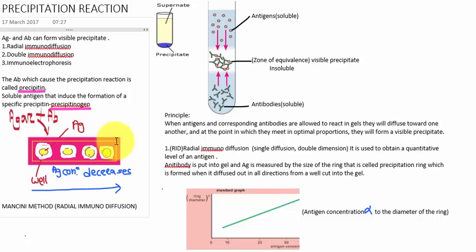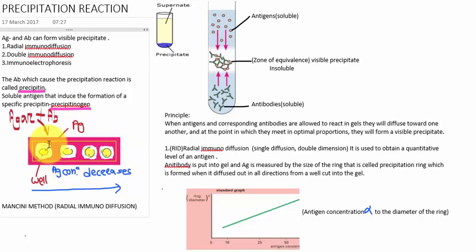This is the plate, or you can say this is the slide. You pour the agar media, so that becomes the agar plate. Then you pour the antibody into it, then punch and make some wells. Then pour the antigens of different concentration in the wells. In the first well, the antigen concentration is more as compared to the second. After some time, the antigen starts diffusing towards the antibody, as in the surrounding the antibodies are present.